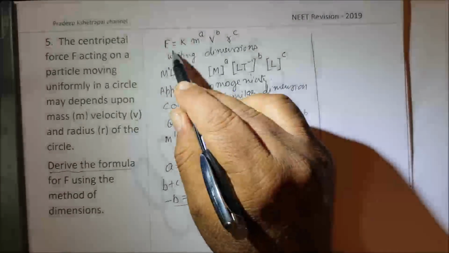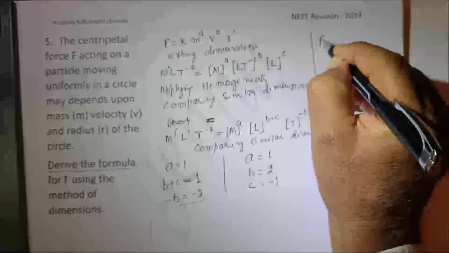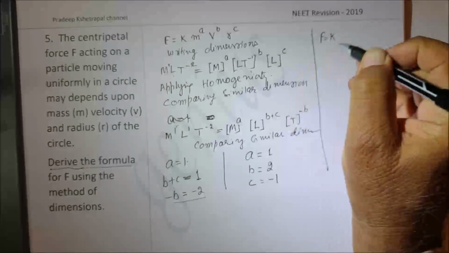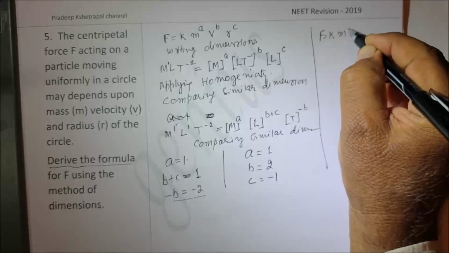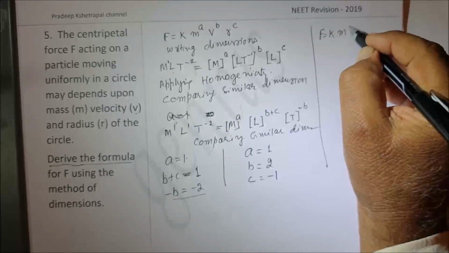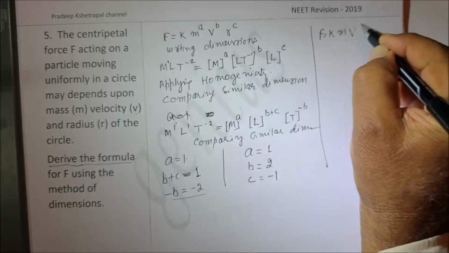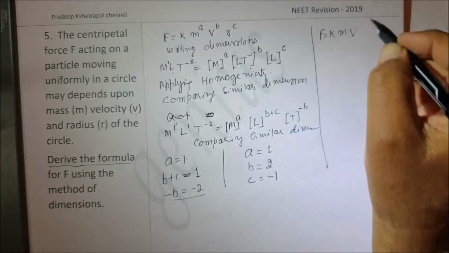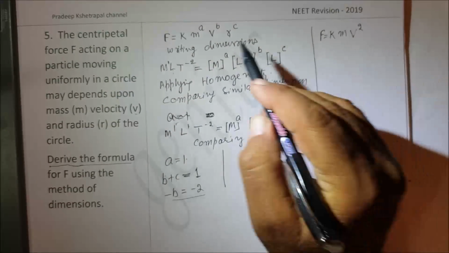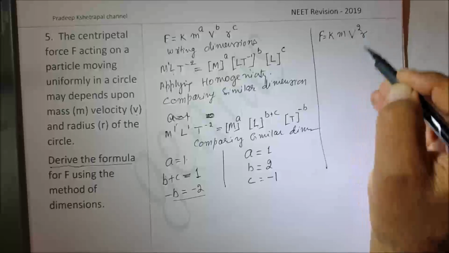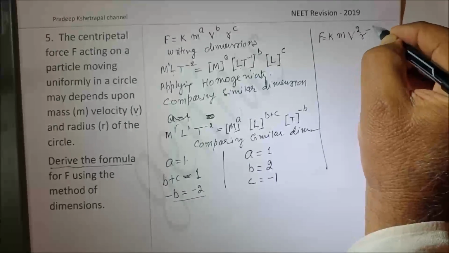What will be this relation? This will be force is equal to a constant, m to the power 1 we will not write, v to the power b is 2, mv square, and r to the power c is minus 1.